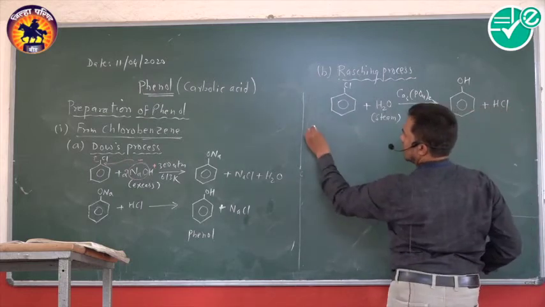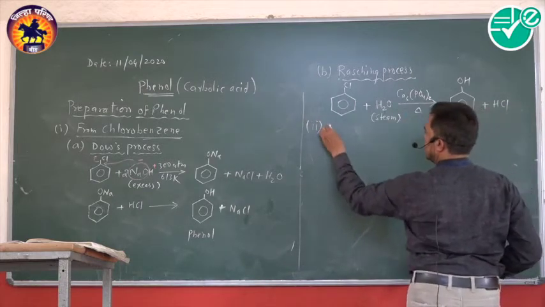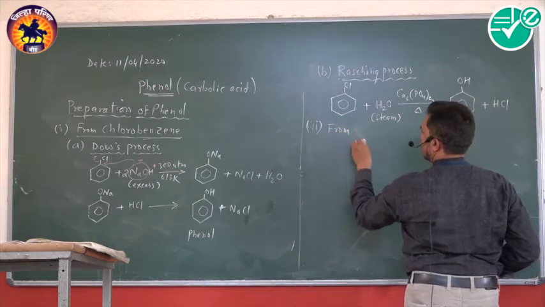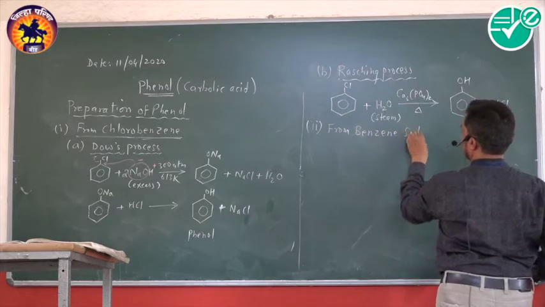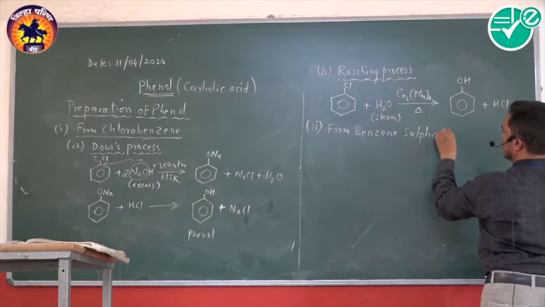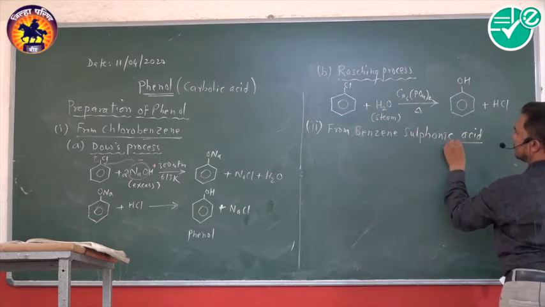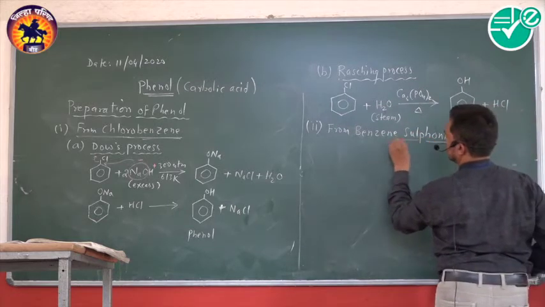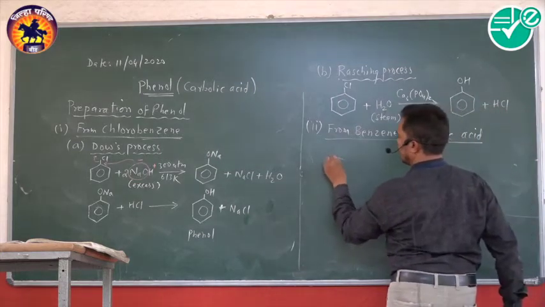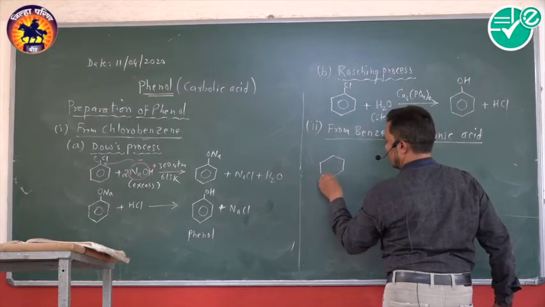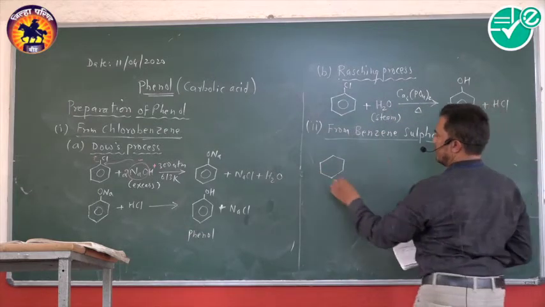Second method to prepare phenol is from benzene sulfonic acid. Here in the benzene sulfonic acid, you have to remember the three steps in this method.